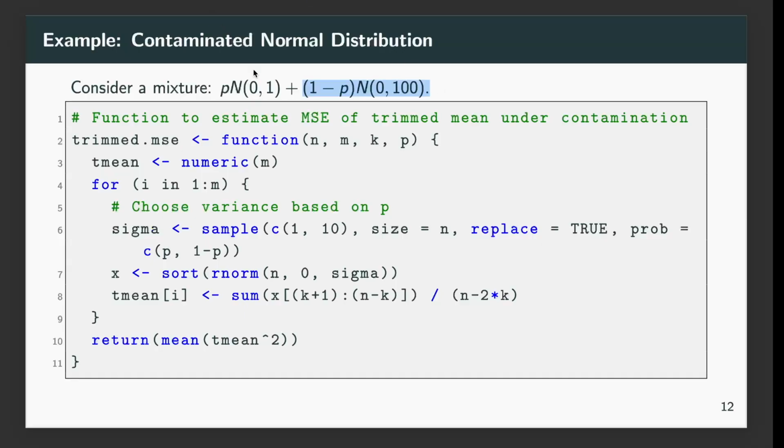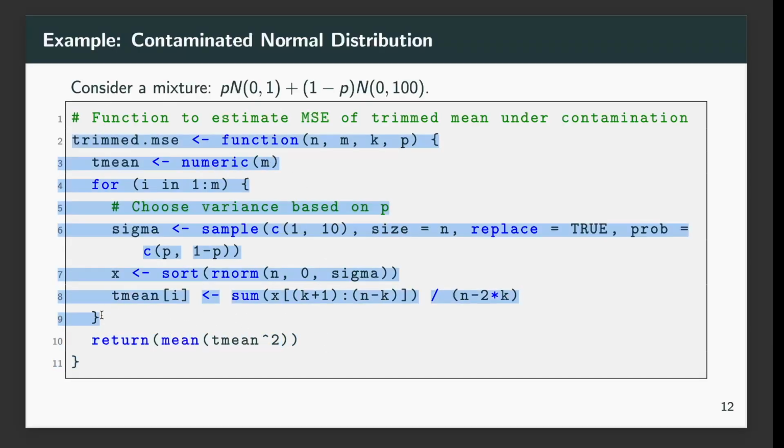In this case, we generate a new function using the function command. We name this function trimmed.mse, and it is a function of four parameters: n, m, k, and p. This is the whole code to generate this function.